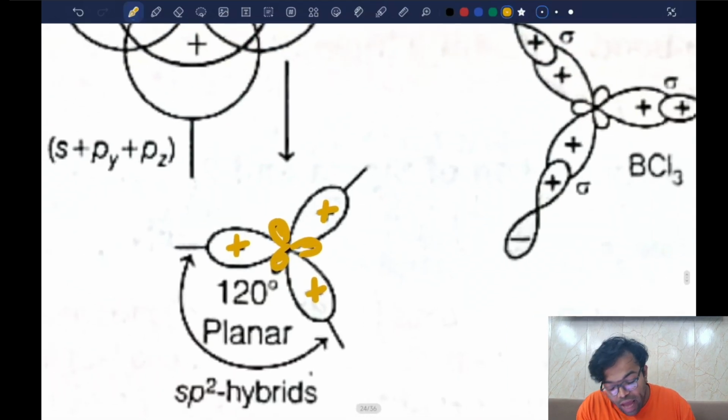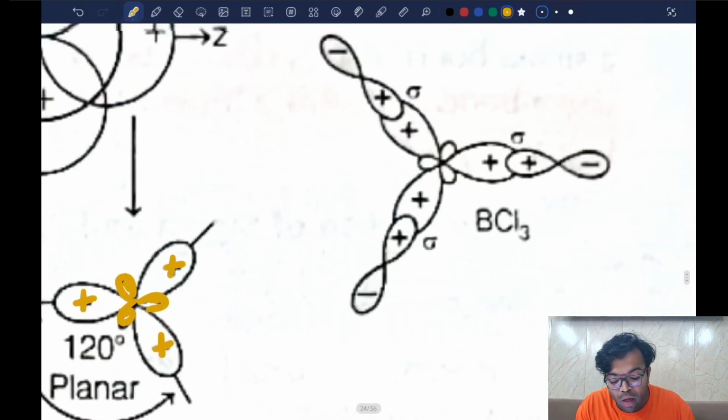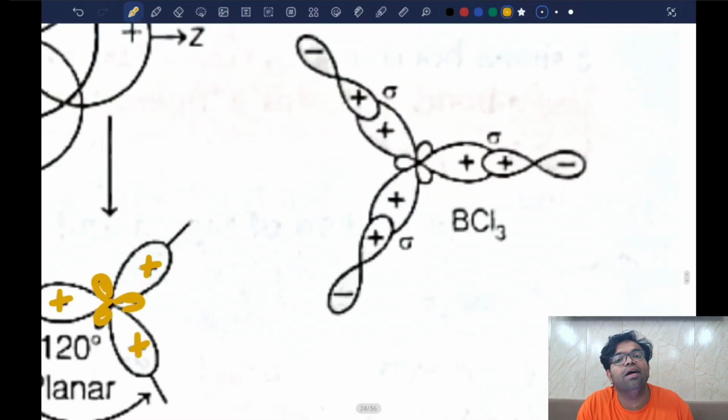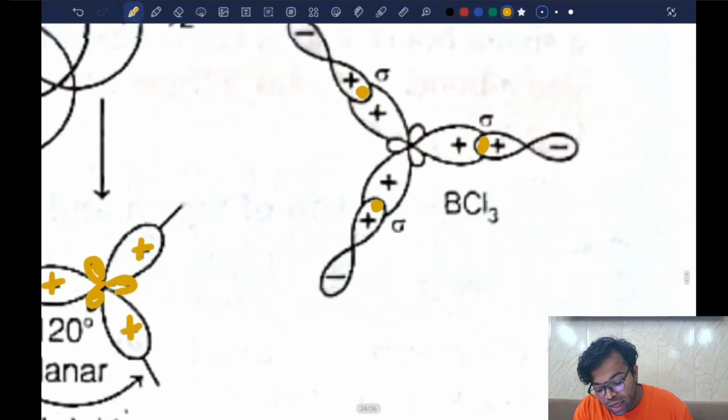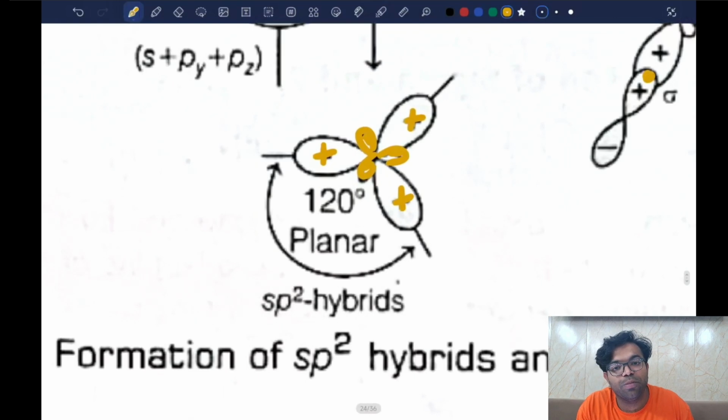Now the three sp2 hybrid orbitals will bond with the three pz orbitals of chlorine like this. A positive bond here, a positive bond here, and a positive bond here, thus forming a trigonal planar arrangement. Okay, now in the trigonal planar arrangement of BCl3, what is happening?